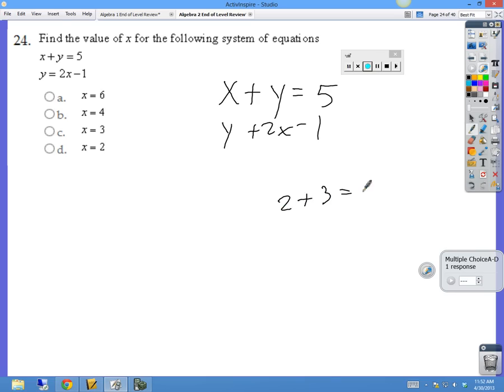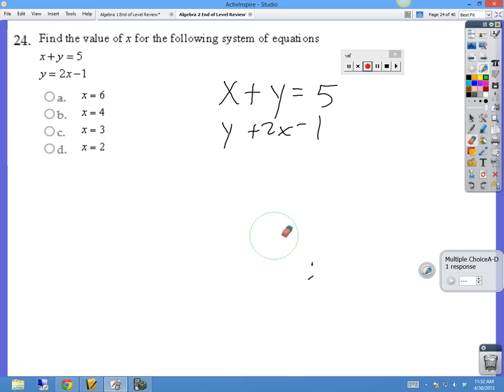If you have 2 plus 3 equals 5, 4 minus 6 equals negative 2, I can add vertically. 2 plus 4 is 6, 3 minus 6 is minus 3, 5 minus 2 is 3. You can add vertically and manipulate two equations, and you still have a truth, and a truth.